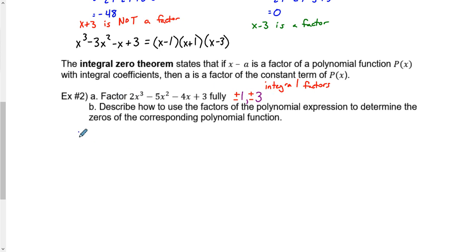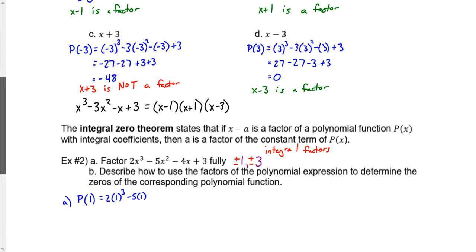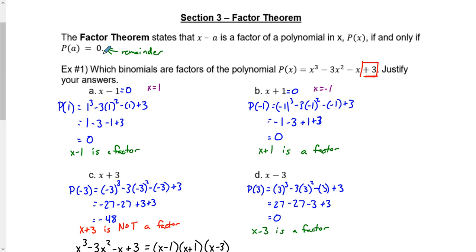So for a, we're going to start off with a. We're going to factor this 2x cubed minus 5x squared minus 4x plus 3. Let's check 1. Can we plug 1 into our x's and get a remainder of 0?